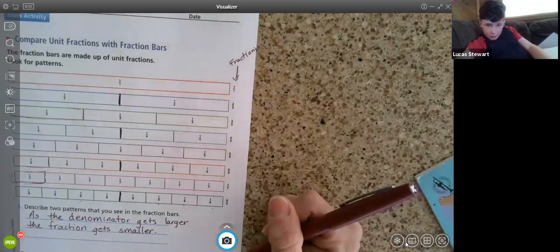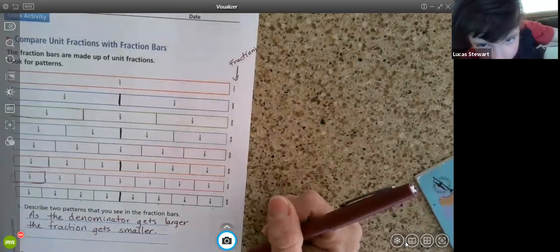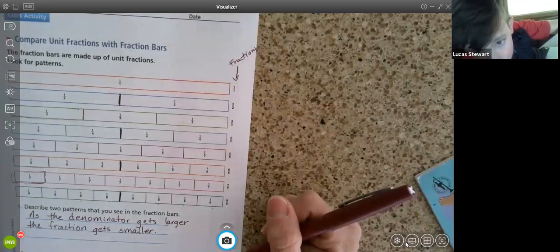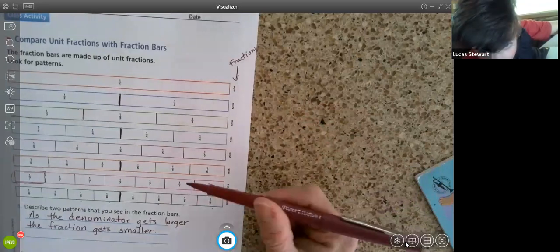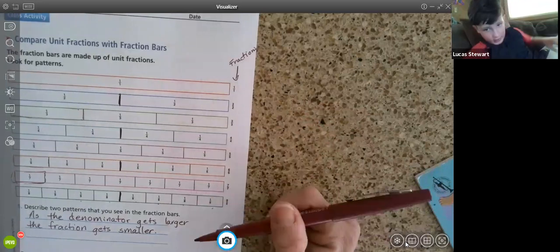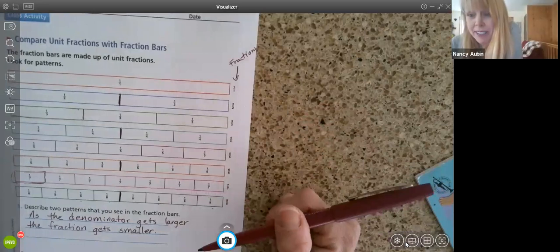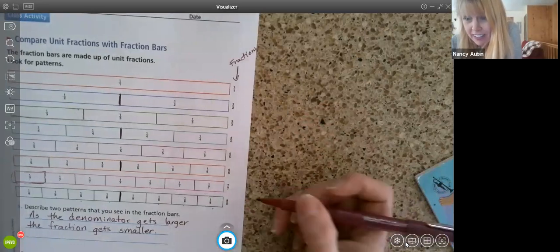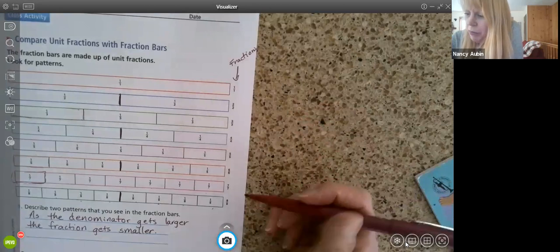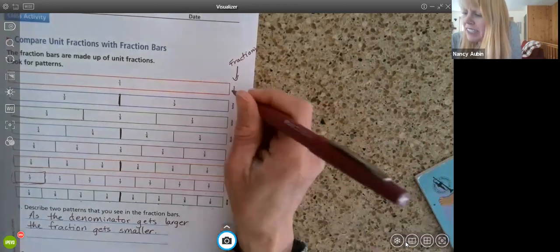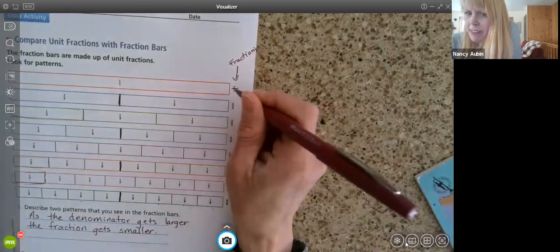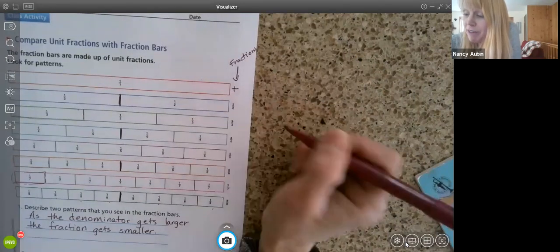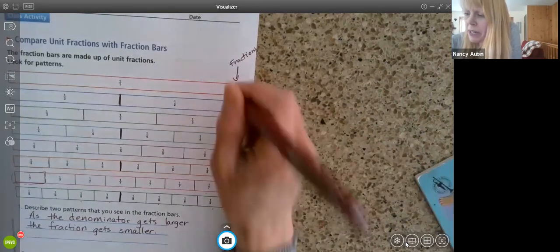It goes 1, 2, 3, 4, 5, 6, 7, 8. So it's the same as the denominator, isn't it? Yeah. And what do we know? If this line between the numerator and the denominator means divide, what is 1 divided by 1?